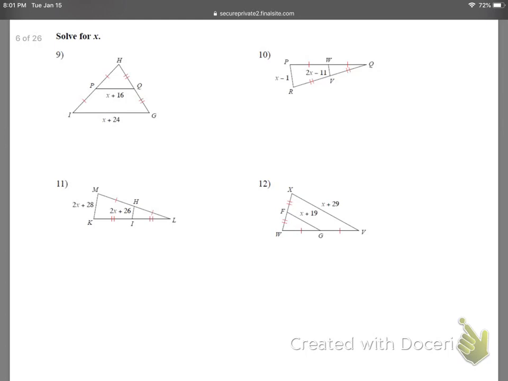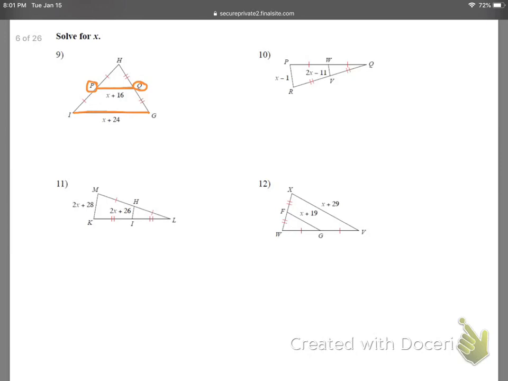Okay, so look at problem 9. Now these are getting a little bit more advanced. What I'm noticing is that P is a midpoint, Q is a midpoint, and that makes PQ a mid-segment. The segment parallel to it is IG. So, see if you can get yourself an equation.